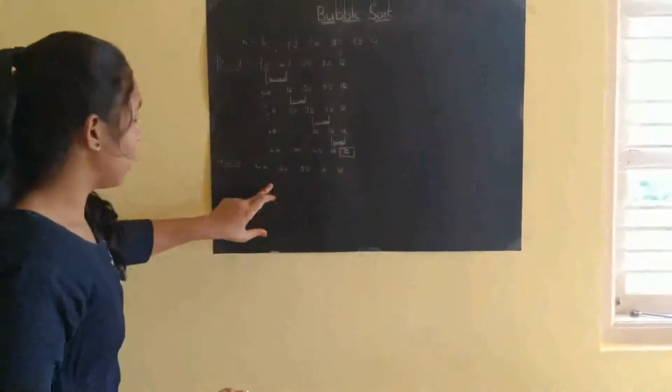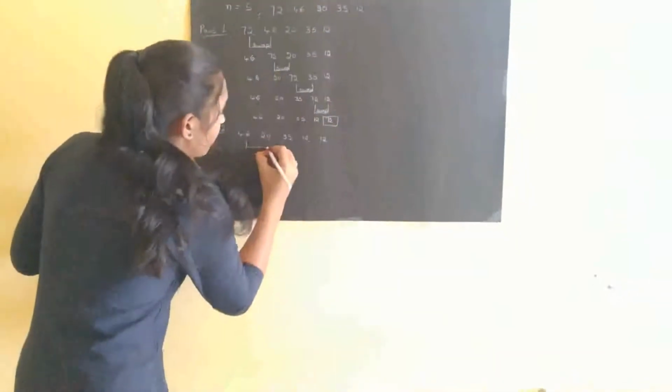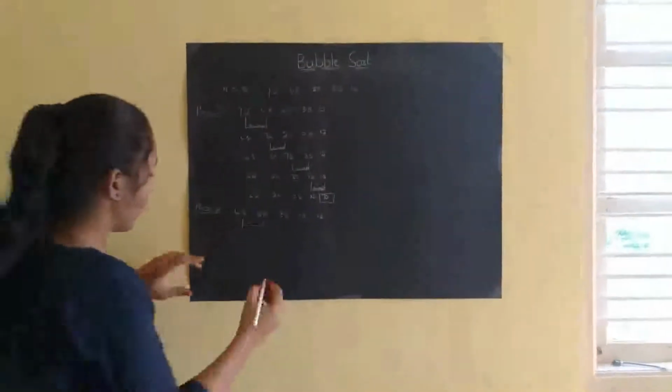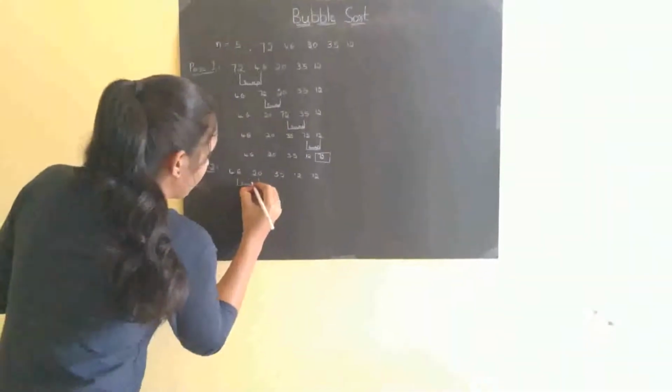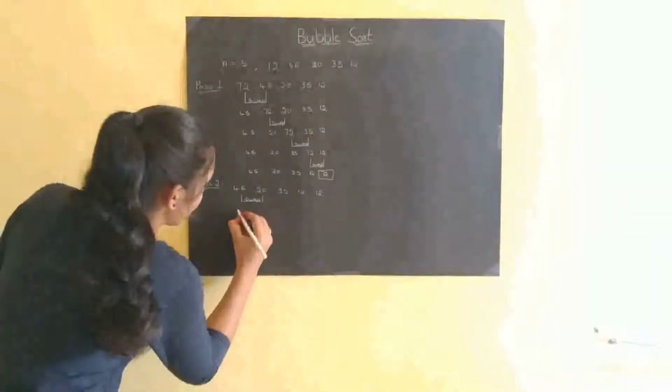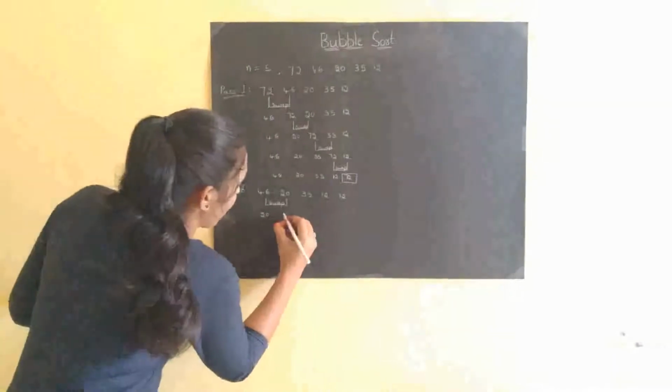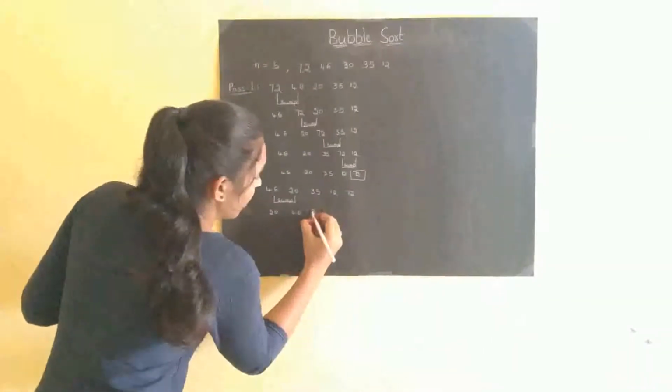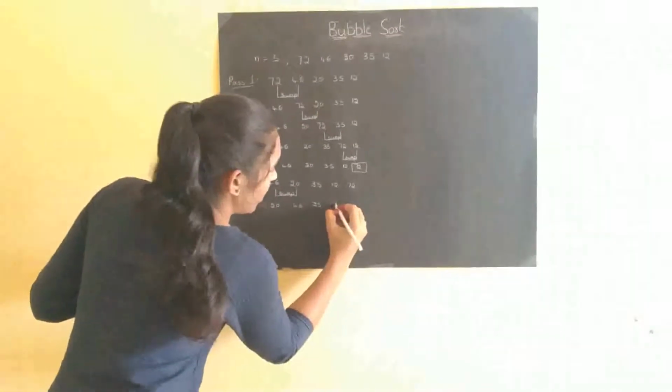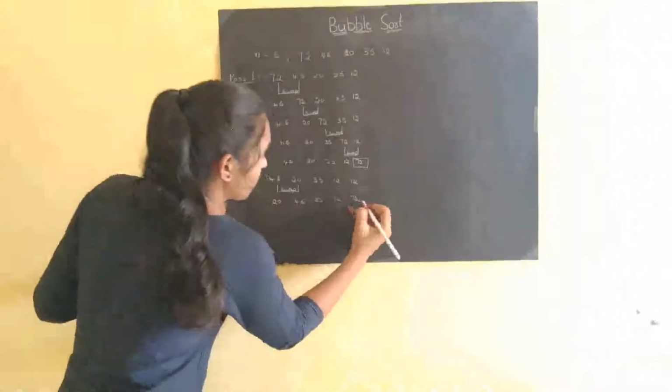Now here we have to compare 46 with 20. Here 46 is greater than 20, so we are swapping these two values. And we get the result as 20, 46, 35, 12, 72.